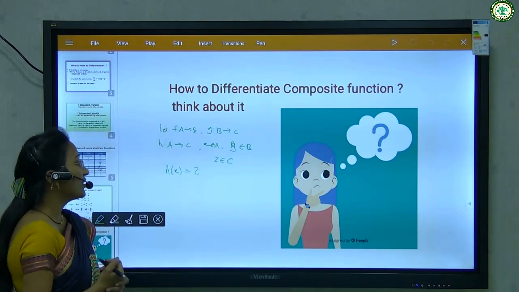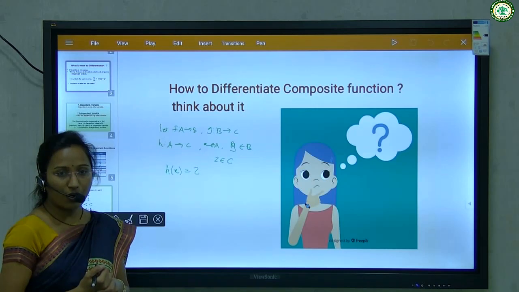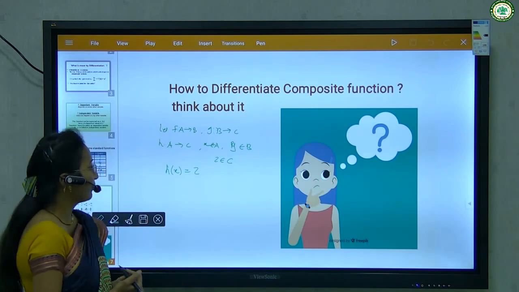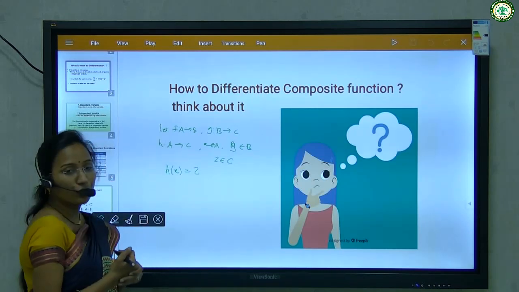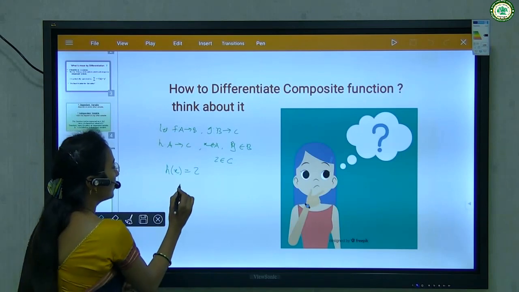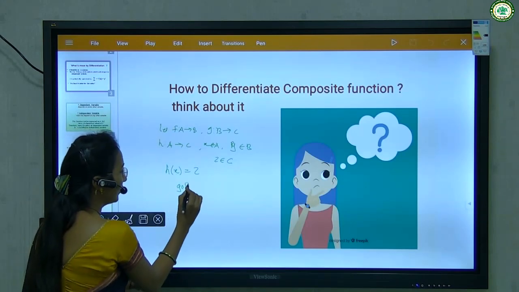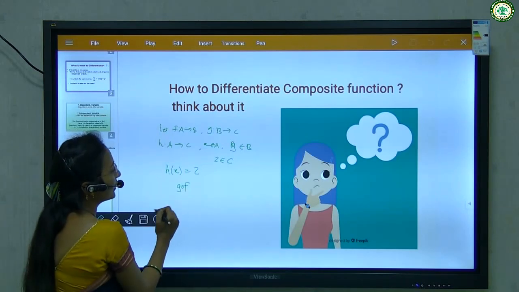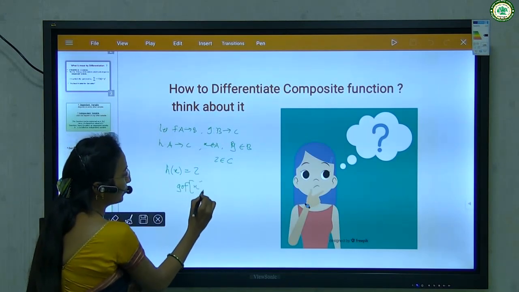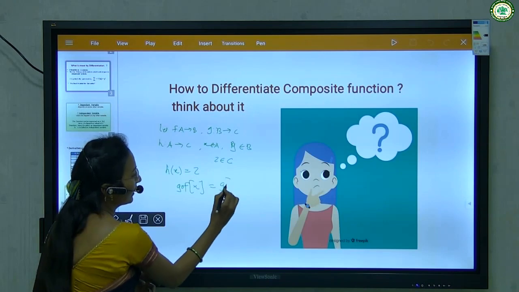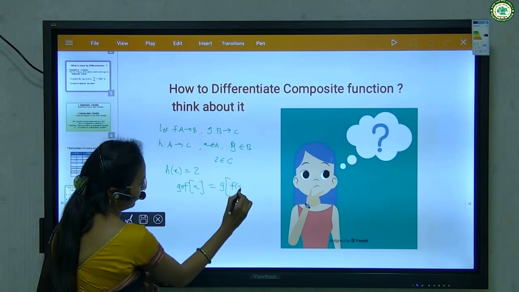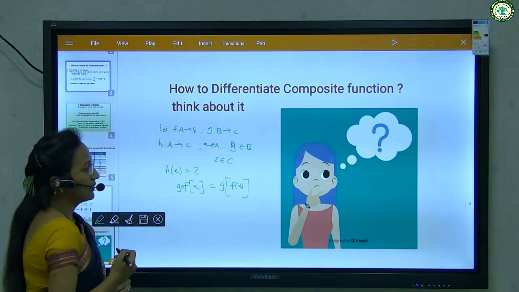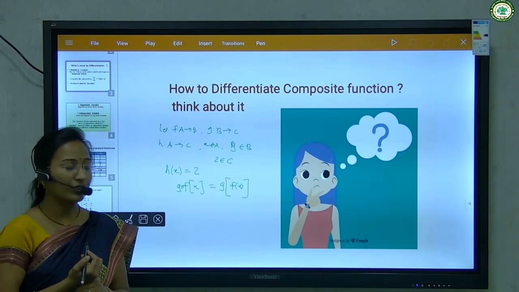Then h is called the composition of f and g, denoted by g composite f. It is defined as g composite f of x is equal to g of f of x. Simply, composite function means function of a function.